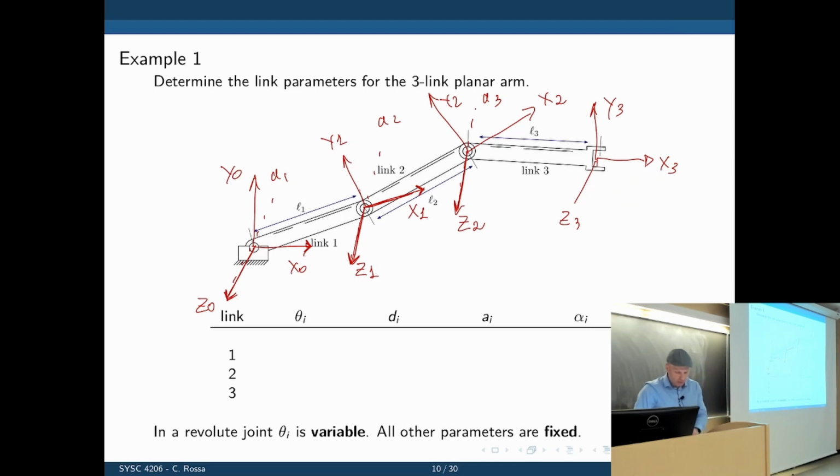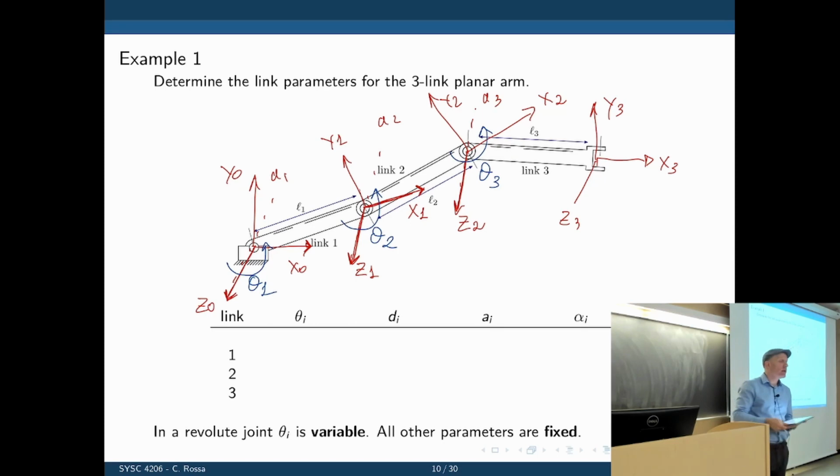We have 3 thetas here, one for each of the axes. Theta 1 is at axis 1, theta 2 is at axis 2, theta 3 is there. And what is theta representing again? The rotation between the X axes of 2 consecutive frames about Z.